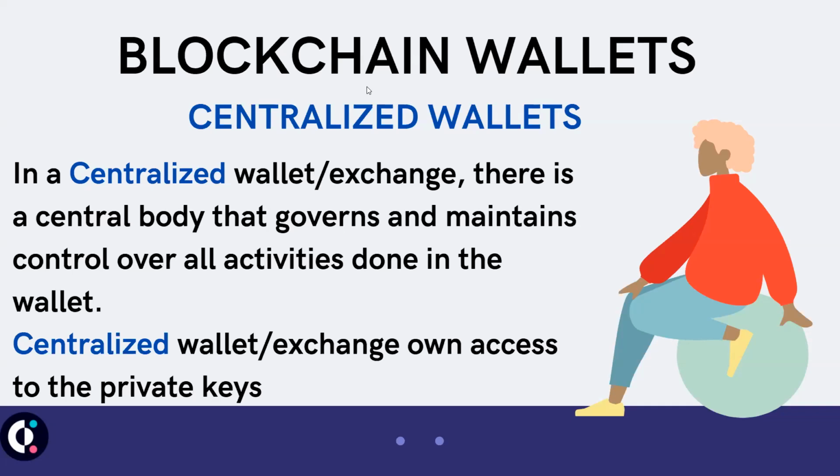This function is not there in the decentralized wallet, which I'm going to talk about in the next few minutes. But in a centralized wallet, you get these advantages over the decentralized wallet. Later I'm going to lay more emphasis on the advantages and disadvantages, but for now I'm just throwing more light.